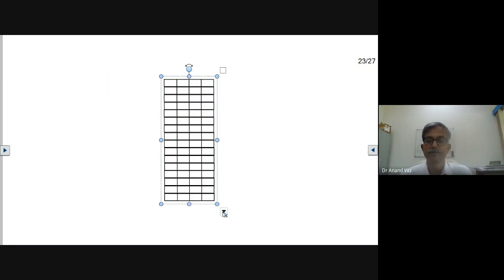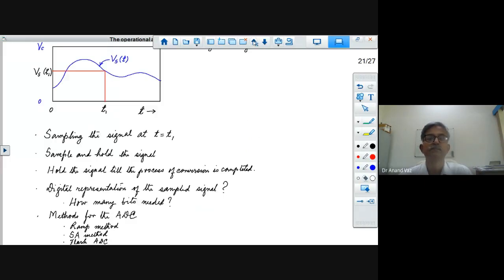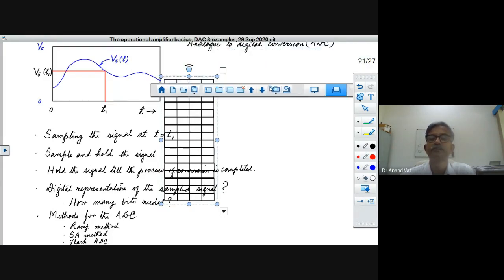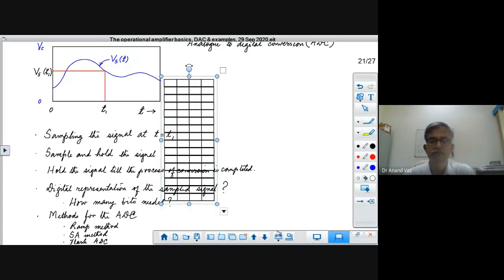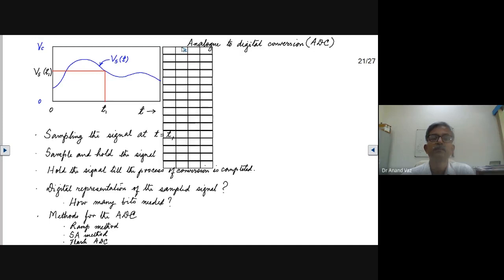Let's make use of it. So we are going to represent, this is just an example, these values in terms of 4 bits, just to start with, as a simple example.